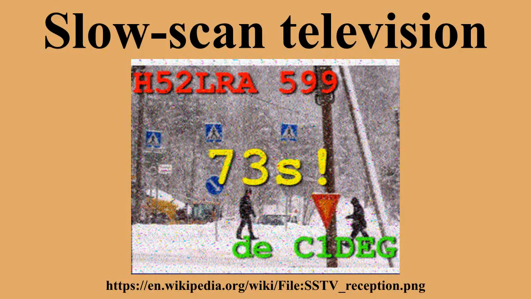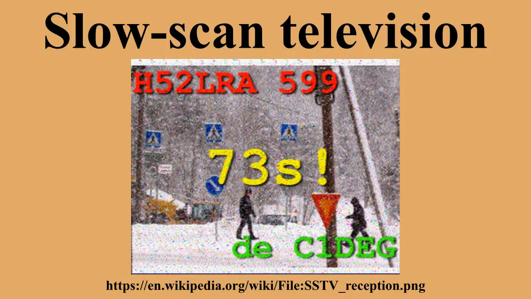This signal can be fed into an SSB transmitter, which in turn modulates the carrier signal. There are a number of different modes of transmission, but the most common ones are Martin M1 and Scottie S1. Using one of these, an image transfer takes 114 or 110 seconds. Some black and white modes take only 8 seconds to transfer an image.